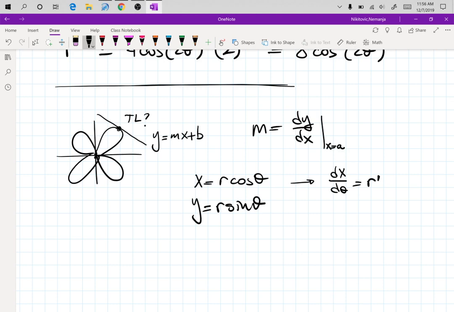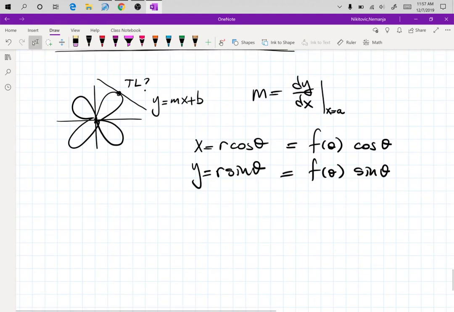Both of these are product rules, right? Your r is a function of theta times cosine theta, and your r is a function of theta times sine theta. So if you need the derivatives of these, they are product rules. So you've got to be careful about that.